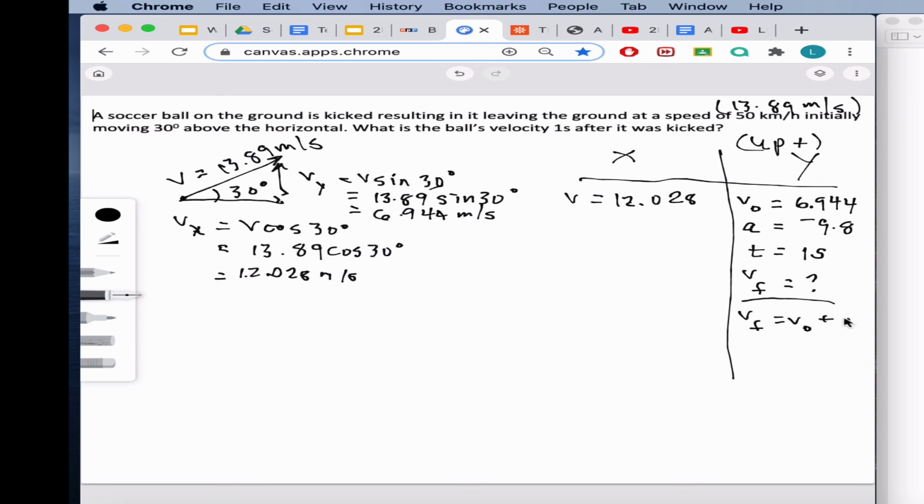We can use our kinematics equation for the final velocity equal to initial velocity plus acceleration times time.